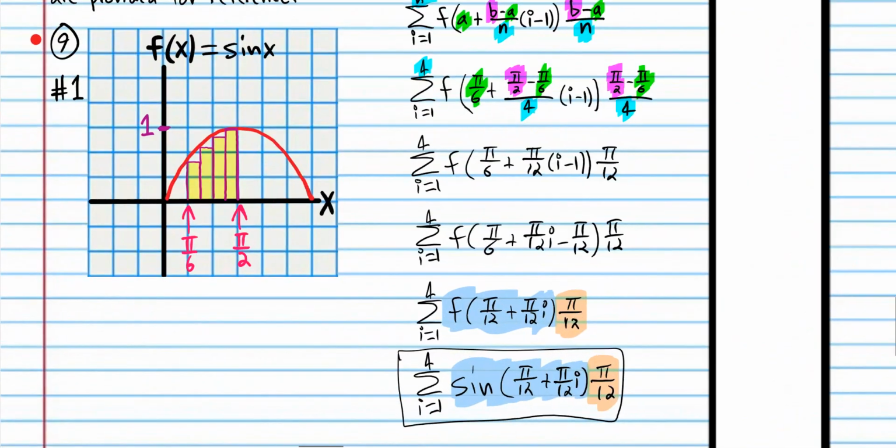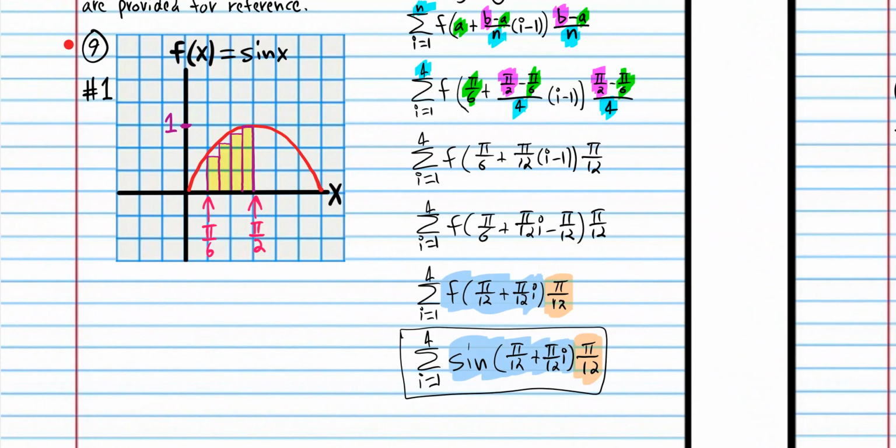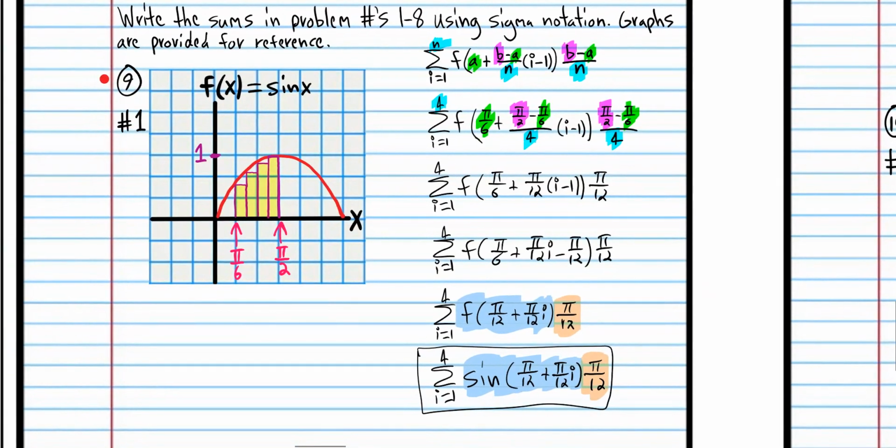there's a way that we can check to make sure that we did this correctly. You can use your graphing calculator. Now, I'm using a TI-84 Plus, of course. If you're using a different calculator, you're going to have to figure that out for yourself. But I'm not even sure your calculator does this. This is only going to be graphing calculators that are most likely able to do this.